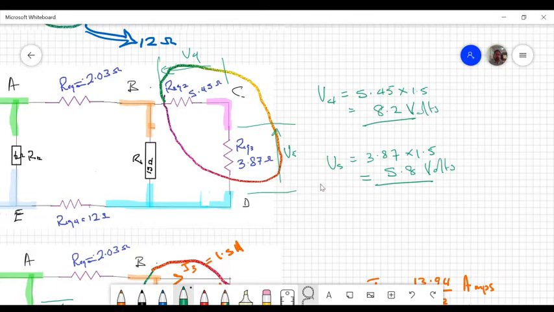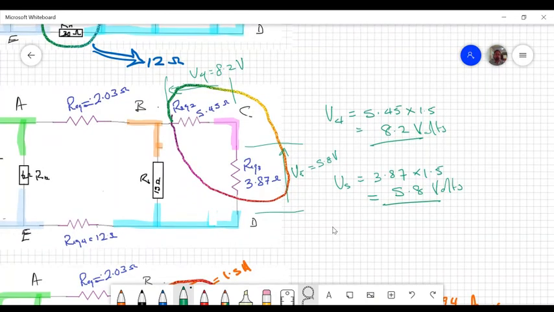Okay, so now let's put these in. This is equals to 5.8 volts, and this is equals to 8.2 volts.